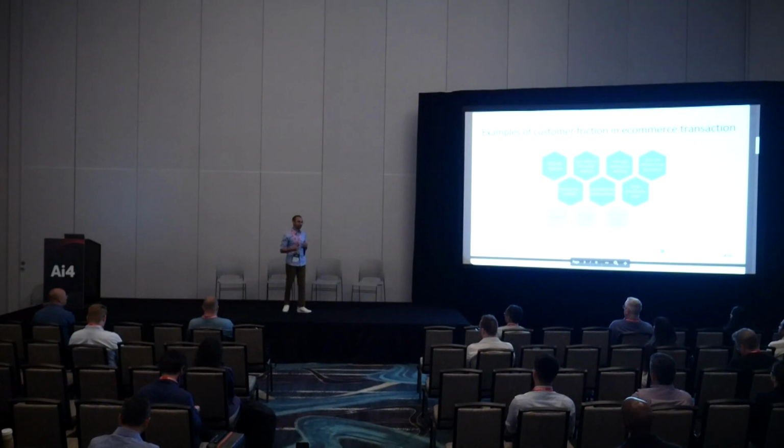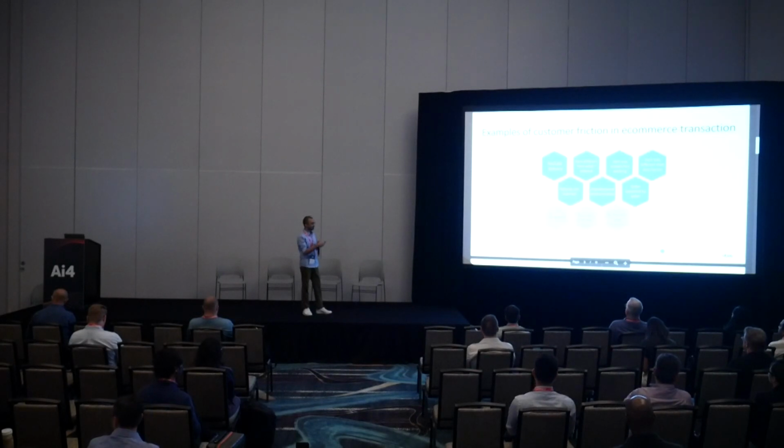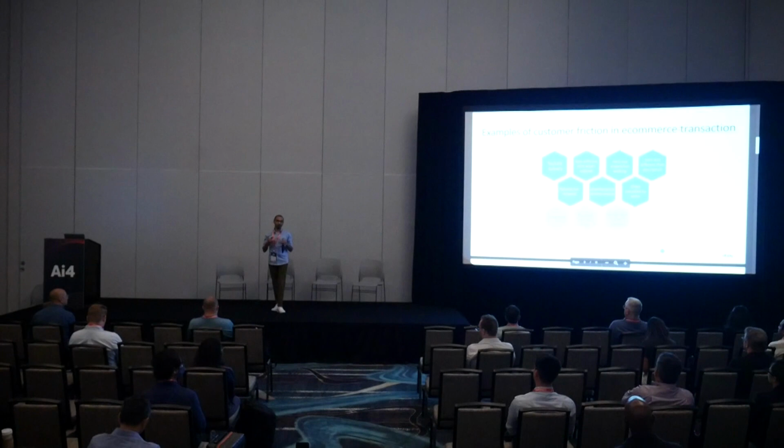I sold them a nice iPhone, they said take it back, I took it back and gave them the money, and the returned item was faulty. Really bad experience for the seller, and so on and so forth. These are some examples of the friction that we try to detect in a transaction, and we try to address it.